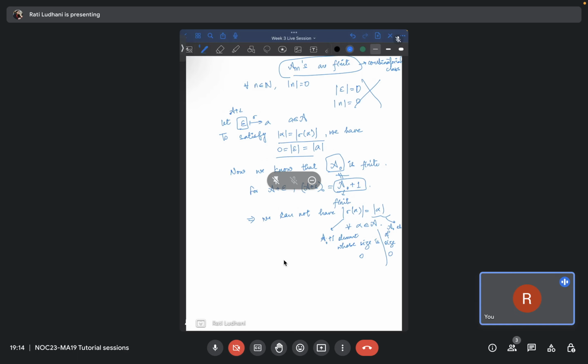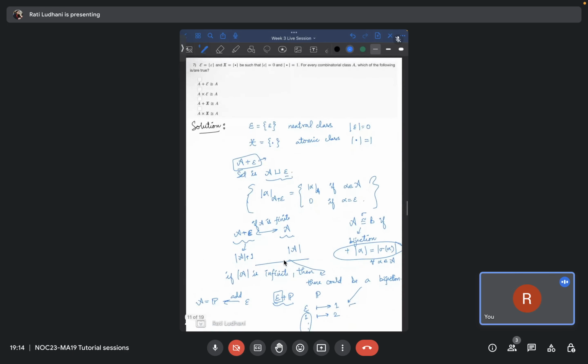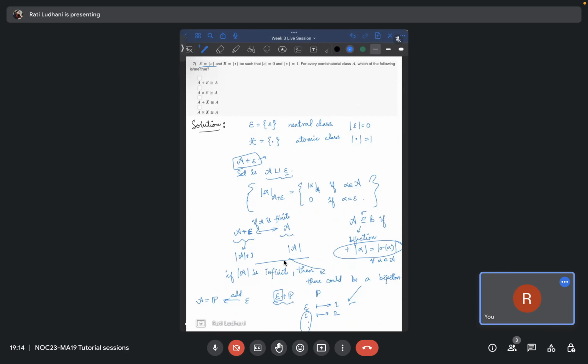So anyway, I was just discussing this question. Epsilon, so there are two classes, neutral class and atomic class, which have this property. Are you familiar with it?